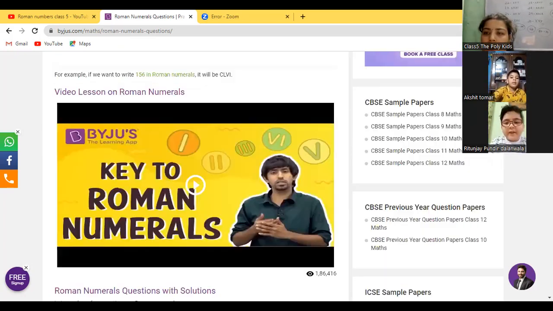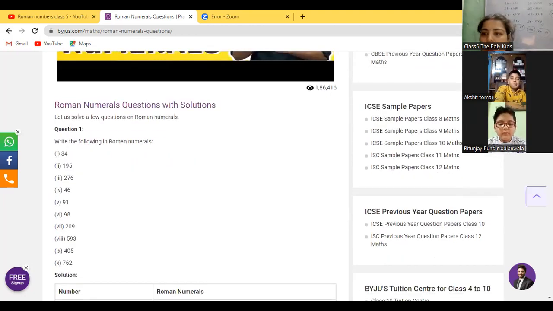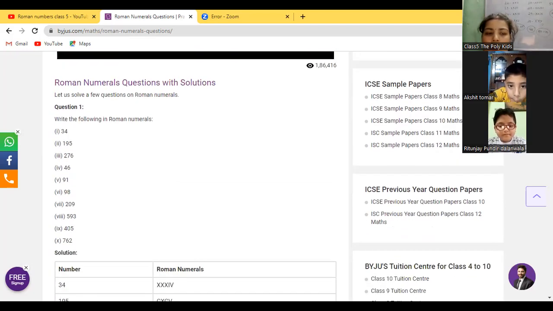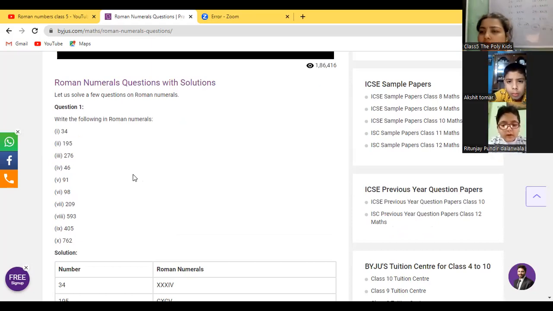Ma'am, can you give an example? Yes, I am giving you an example. Wait, this is the question. Do this in your notebook and then tell me. 1 to 5 is for Ritunjay and 6 to 10 is for Akshit. Do it fast in your notebook. Ma'am, the solution is written below.